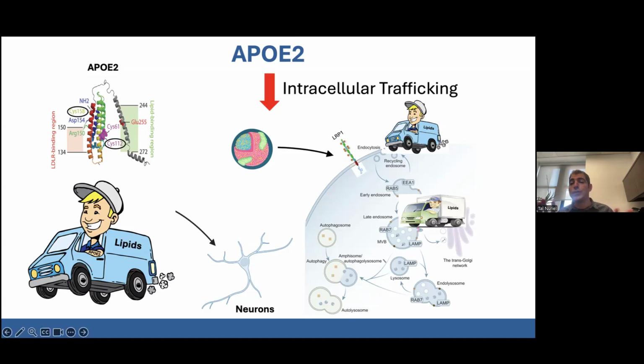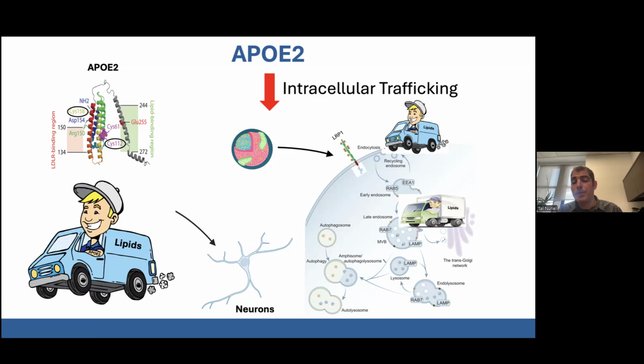Usually this isn't a problem, and obviously people are fine with ApoE2, although individuals with two copies of ApoE2, so they don't have that redundancy of the ApoE3, are more prone to something called hyperlipidemia, where lipids build up in their blood because the lipids are not being brought to the cells.